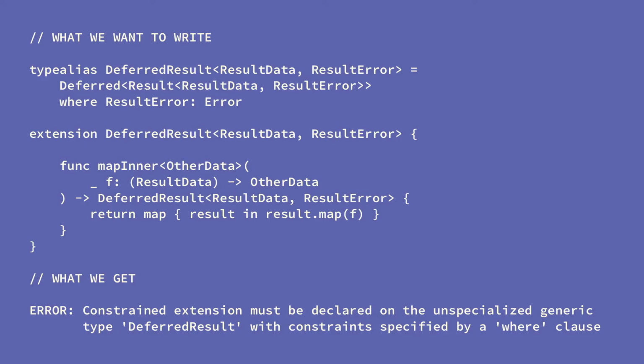I also tried to do it with type alias. I thought it's really smart, but it's not working either. When you're trying to do it with the type alias, it just says that you cannot really use those things from type alias in the extension.